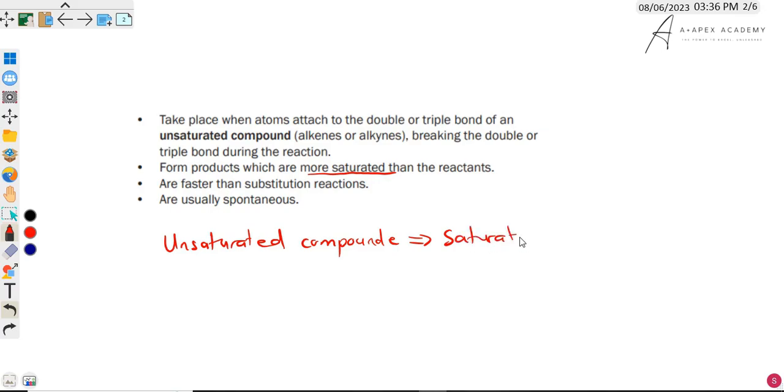Let us remember that unsaturated compounds are those which have double or triple bonds between their carbon atoms. So it's alkenes as well as alkynes, but we'll be looking at alkenes more. And we'll be turning these into saturated compounds, being your alkanes. Remember that saturated compounds have single bonds between their carbon atoms.